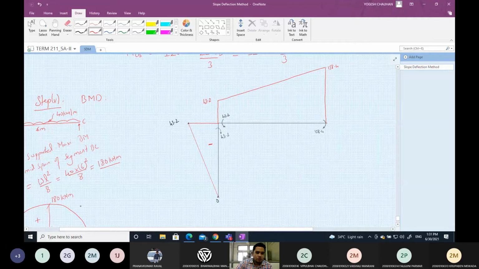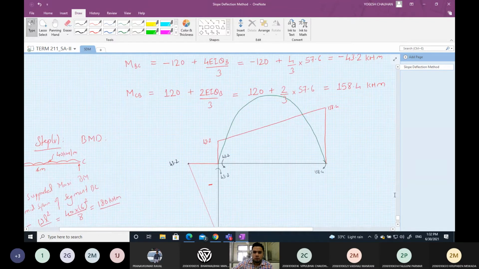and then superimpose this freely supported bending moment, that is 180. So actually it is 180 from this point, so you can find the positive moment at the midspan. That will be this value.